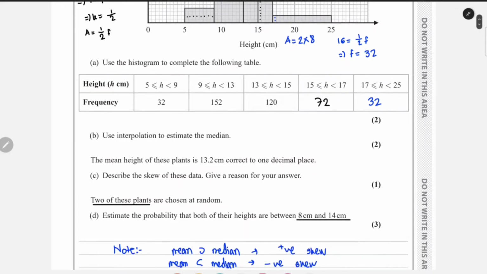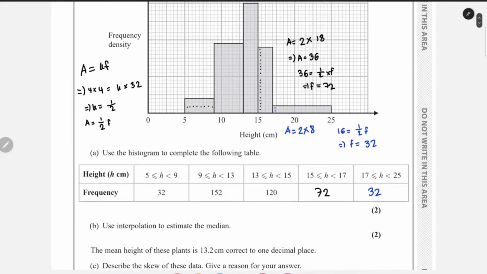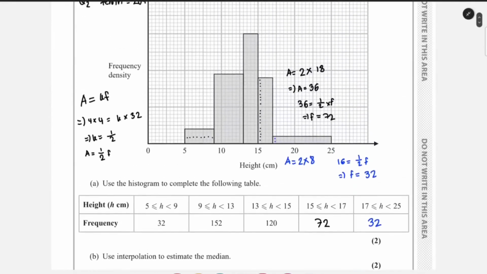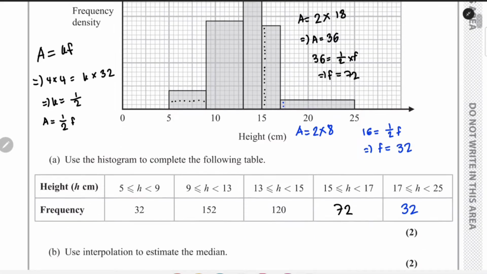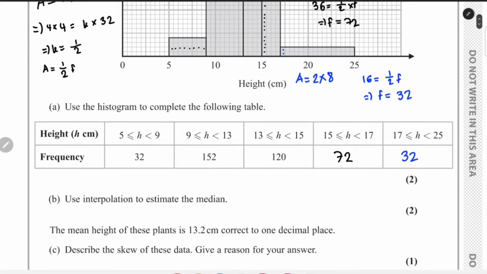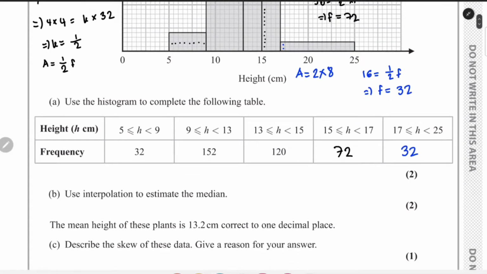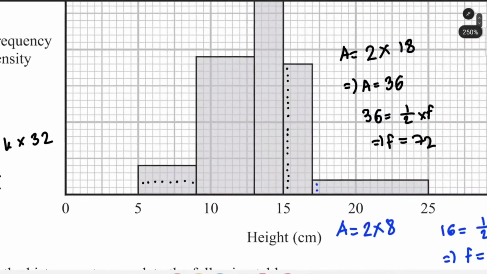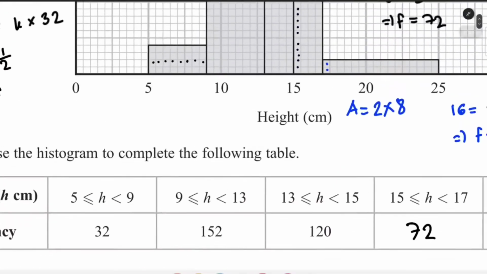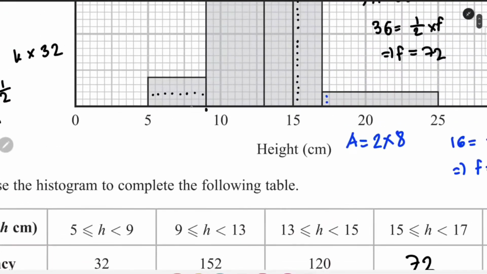Okay, so we are given 8 to 14. We know that 10 boxes are 5, so 2 boxes would be 1. So 8 to 14, this is 9, this is 8. We'll have to consider this area.